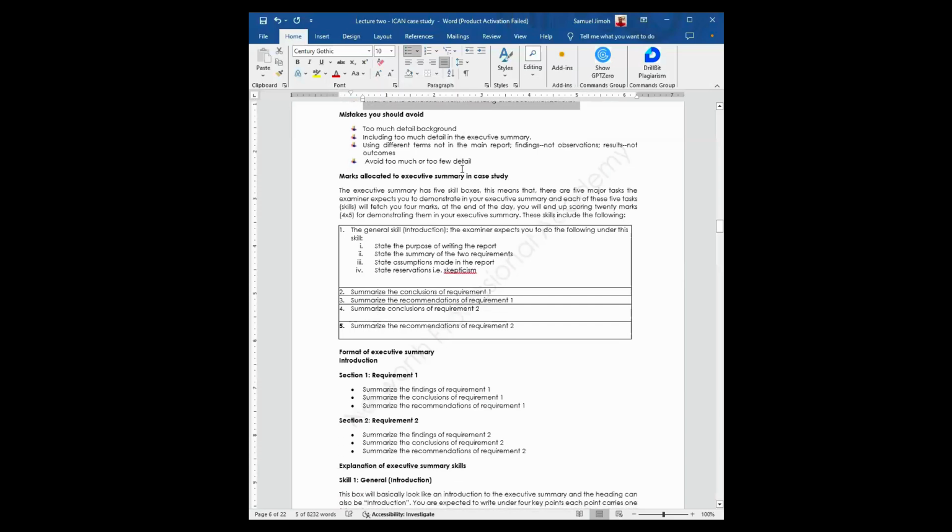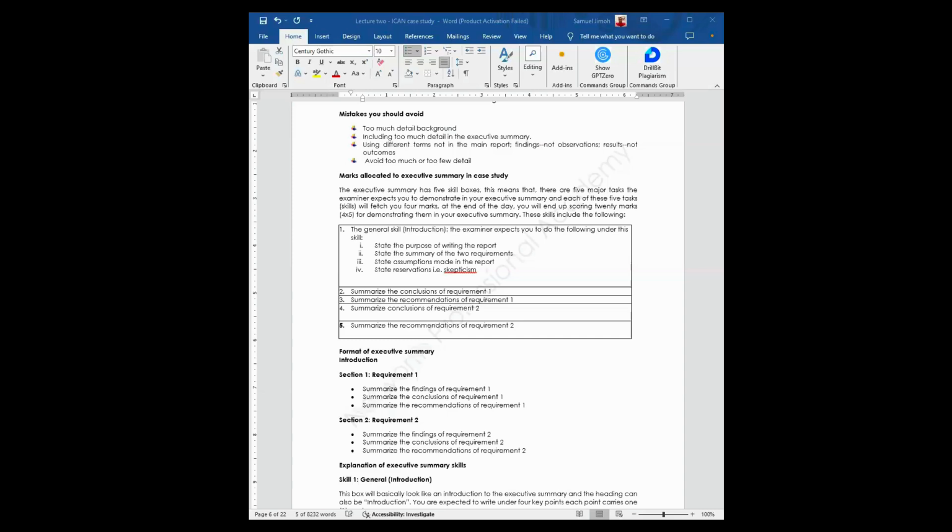The mistakes that you should avoid in your executive summary: too much detailed background, because it is a summary and you are not expected to include detailed background again, because you would have included the background in the body of the report.